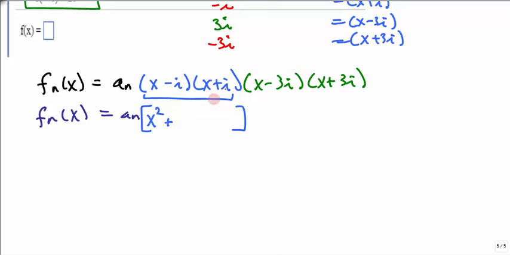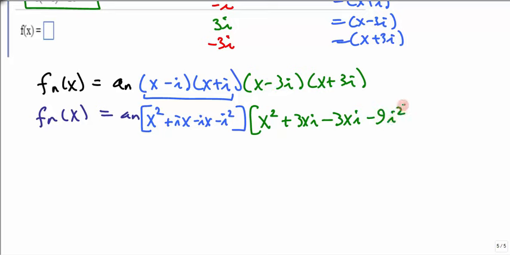So here's plus ix minus ix, and then negative times a positive is a negative i squared. x times x is x squared plus 3xi minus 3xi. And again, because I multiply by conjugates, the outside and the inside terms cancel. Negative 3 times a positive 3 is a negative 9. i times i is i squared. So outside and insides cancel. That will always happen with your conjugates.